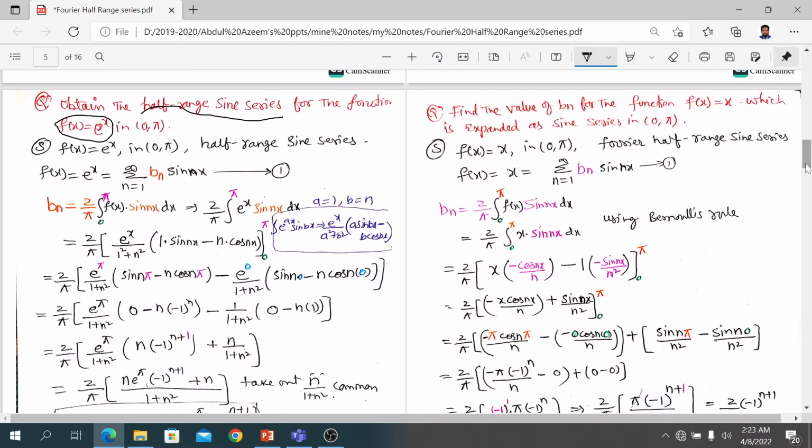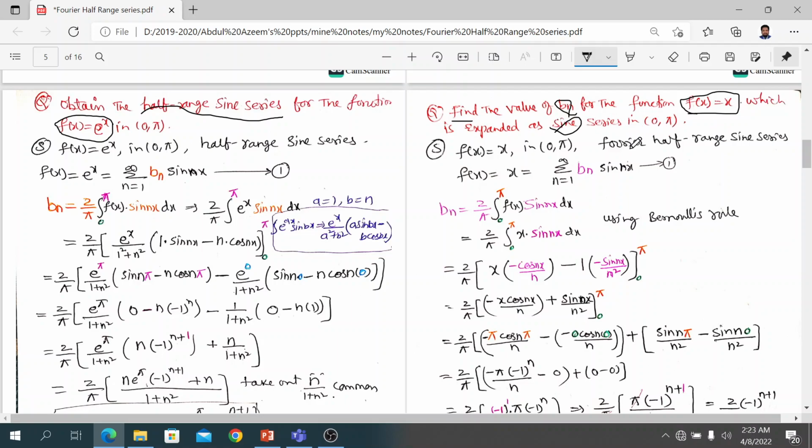Now next question: find the value of bn for the function f of x equal to x, which is expanded as a sine series.